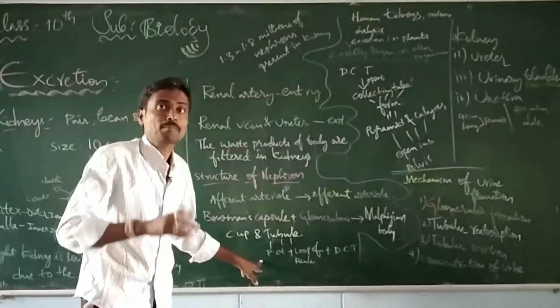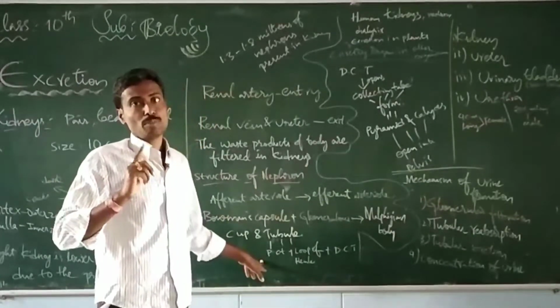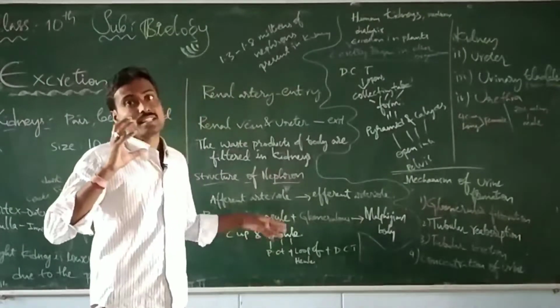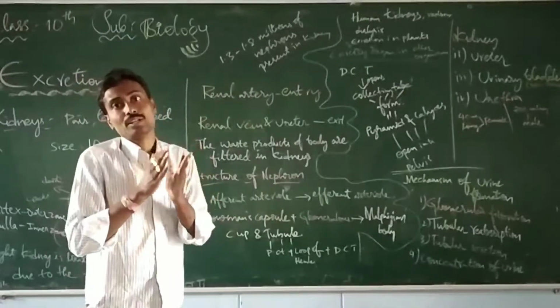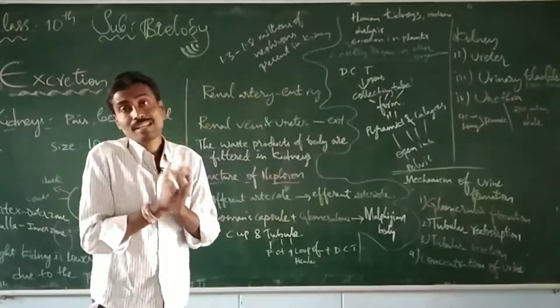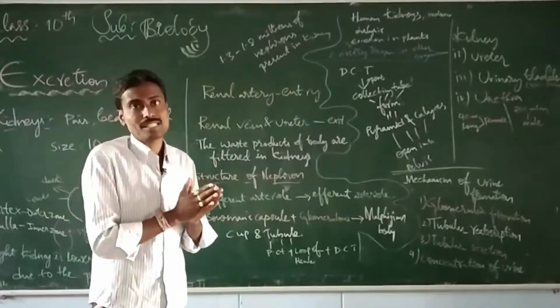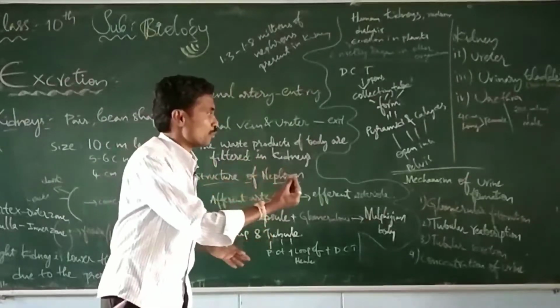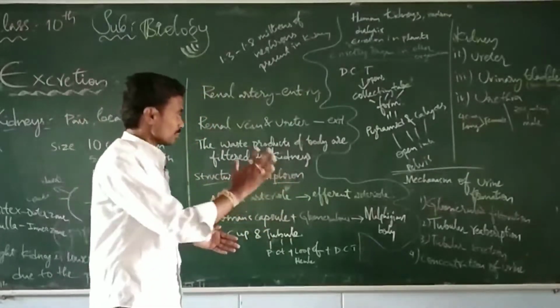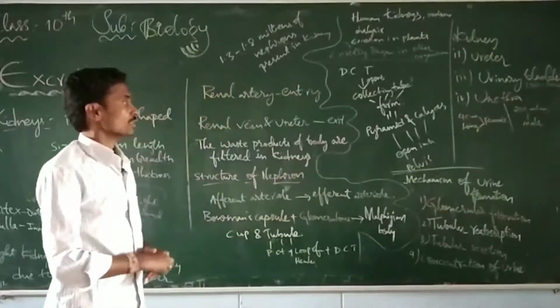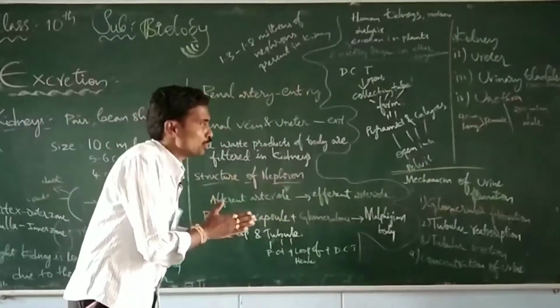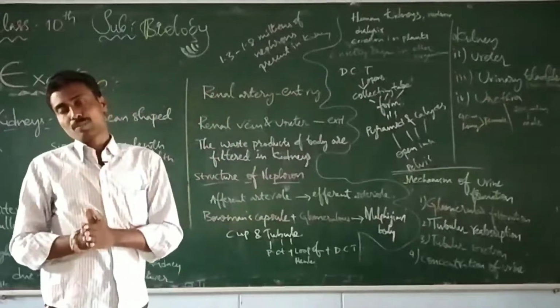Where is it going on? PCT region. Tubular reabsorption. Excess water and necessary ions and minerals are reabsorbed into the PCT. And some little amount of water is also absorbed in other tubule parts. Okay, that is about tubular reabsorption.